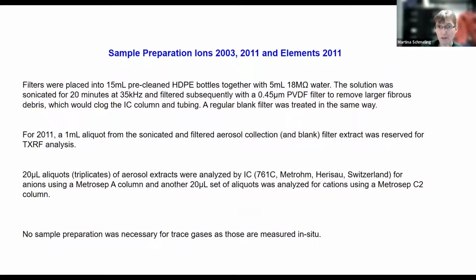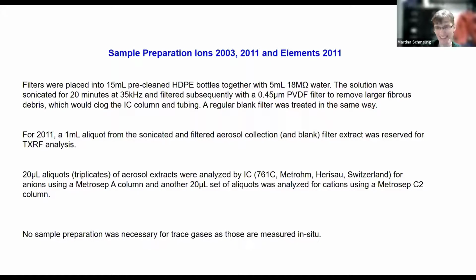So for the ions, which were done in both 2003 and 2011, and then for the elements in 2011, the initial setup was that the quartz fiber filters, which collected all the species, were put into clean plastic bottles, and 5 milliliter of 18 mega ohm water, so ultra pure water, was added.